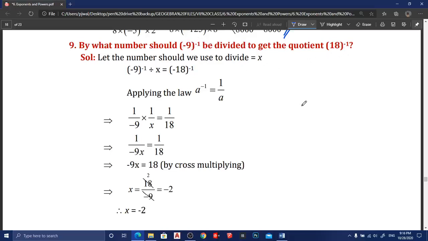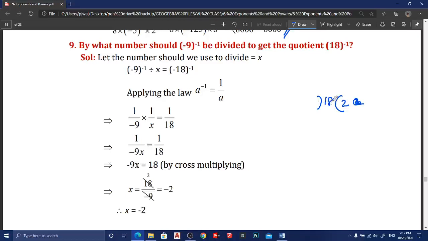By what number should 18 be divided to get the quotient 2? Then what will be the answer? How can I do this one?